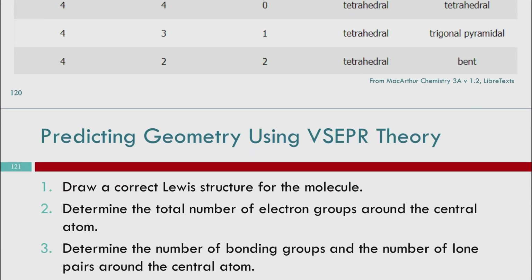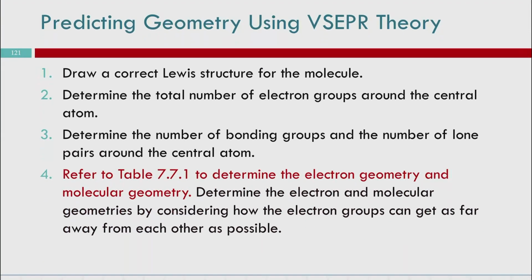All right, so predicting our geometries using valence shell electron pair repulsion theory. We need to first draw a correct Lewis structure. So that's got several steps built into it. Once we've got our correct Lewis structure, then we determine the total number of electron groups around the central atom.